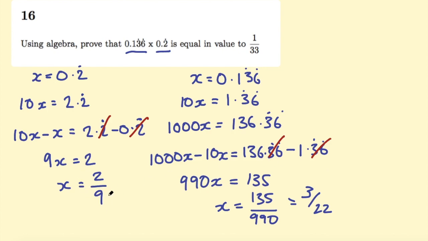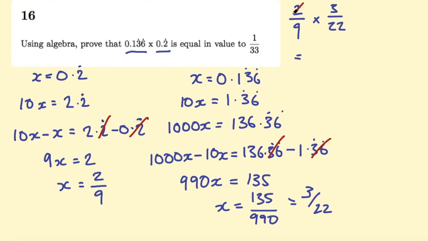So all we need to do now is, because this was 0.2 recurring, 2 over 9, and this was 0.136 recurring, which was 3 over 22, and it's asking us to multiply these two fractions to show that they are 1 over 33. So all I need to do now is 2 over 9 times 3 over 22, and simplify some of that.